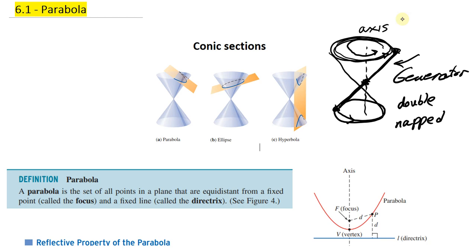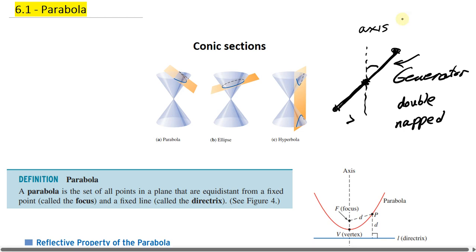Now, if a flat surface crosses this double-napped cone at various angles relative to the generator, what is the angle of the generator? It's going to be this angle, call it theta.